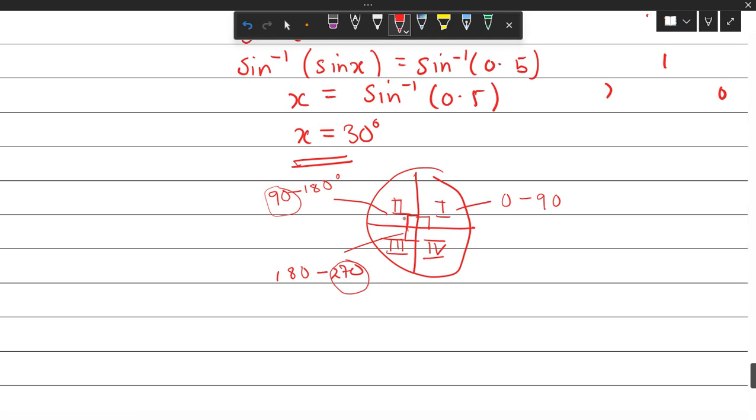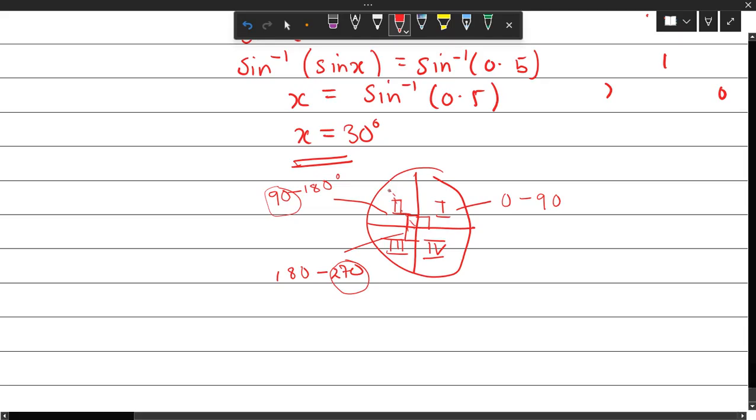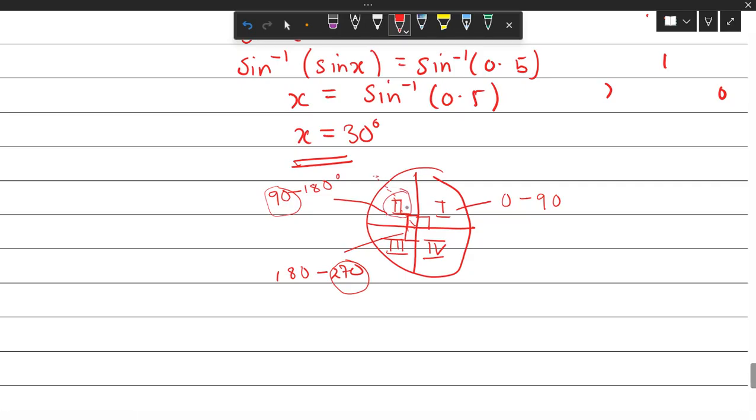It can't be just anywhere, it has to be somewhere here, in this quadrant here, or it can be here, because 270 is like this angle up to here.